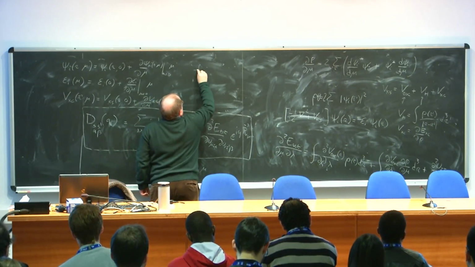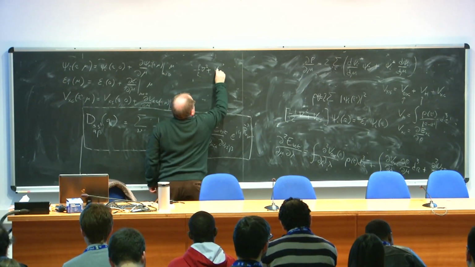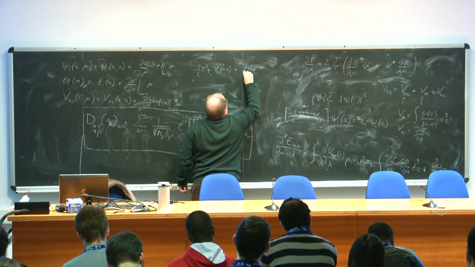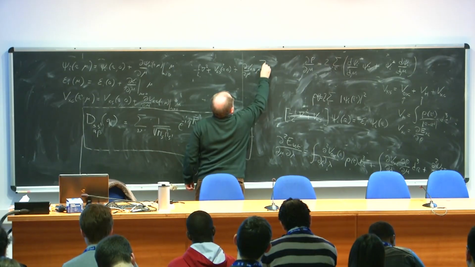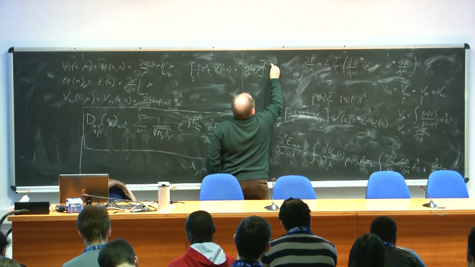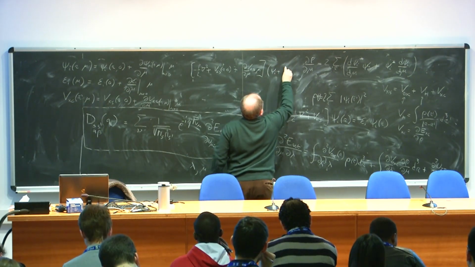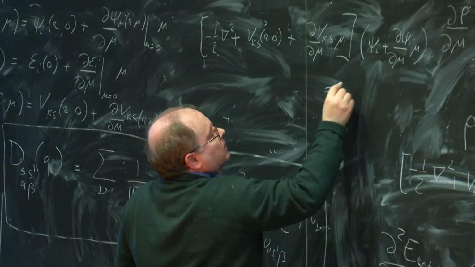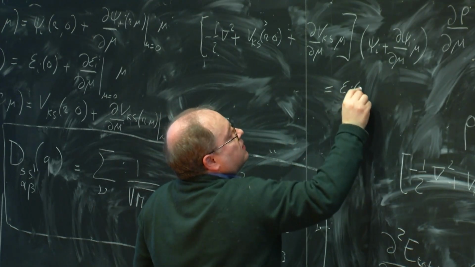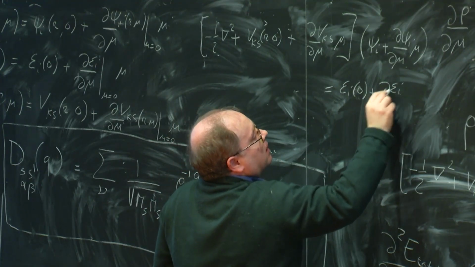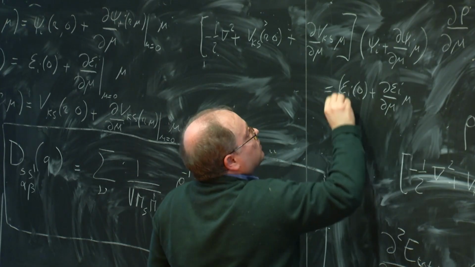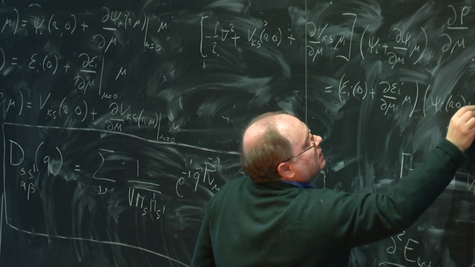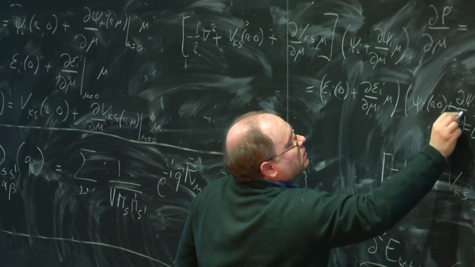We will have minus 1/2 Laplacian square plus V Kohn-Sham of r 0 plus dV Kohn-Sham over d mu multiplied by mu, multiplied by psi plus d psi over d mu multiplied by mu, equal to epsilon i of 0 plus d epsilon i over d mu multiplied by mu, times psi of r 0 plus d psi over d mu multiplied by mu.